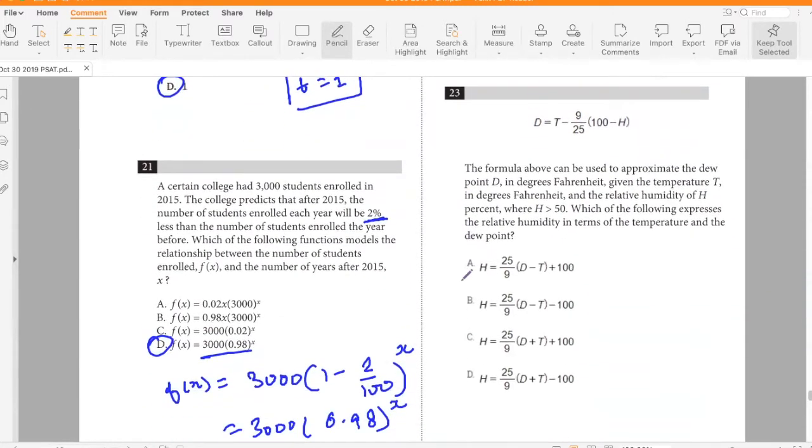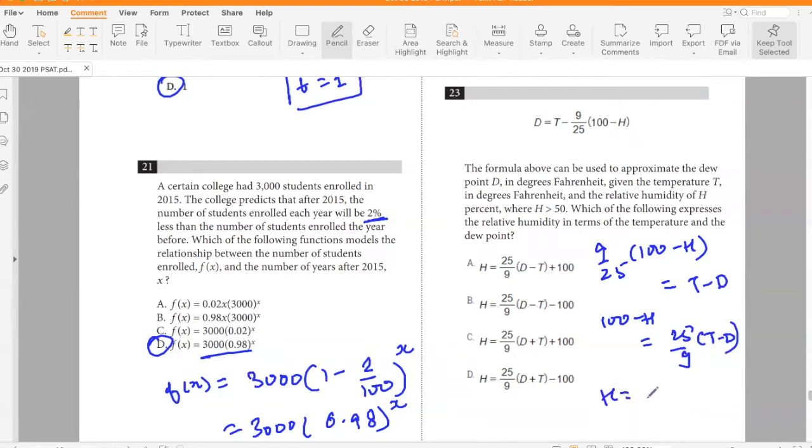The formula above can be used to approximate the dew point in degrees Fahrenheit, given the temperature in degrees Fahrenheit and the relative humidity of H%, where H is greater than 50. Which of the following expresses the relative humidity in terms of the temperature and the dew point? Okay, so if I take this whole term to the left, I would get 9 by 25 into (100 minus H) is T minus D. So 100 minus H is 25 by 9 into (T minus D).